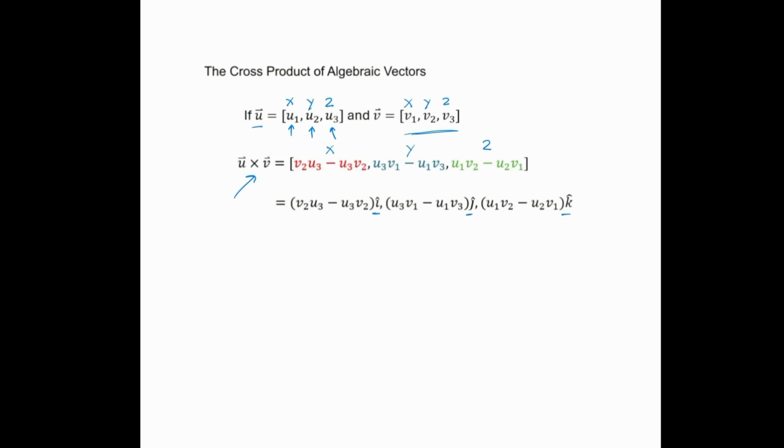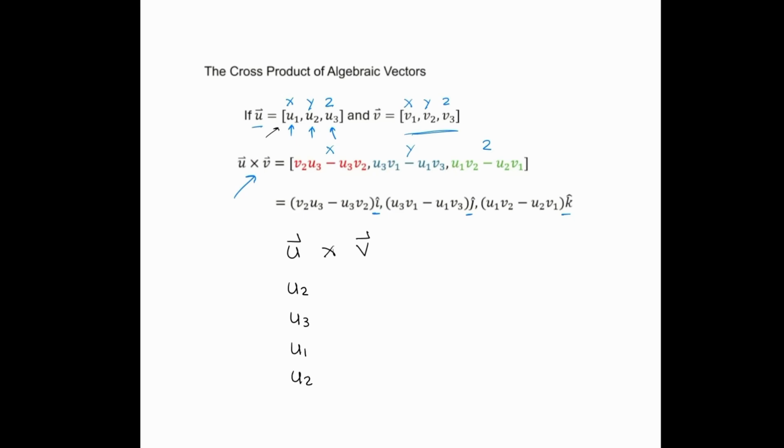Okay, so if I have vector u crossed with vector v, I'm going to go ahead and write out, using these values up here, the components that are in vector u, my x, y, and z, but I'm going to start at the y. So I have u2, next would be u3, then I circle around to u1, and I'm going to end on the same one that I started with.